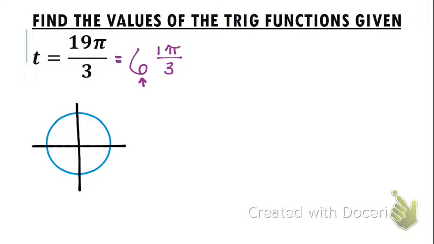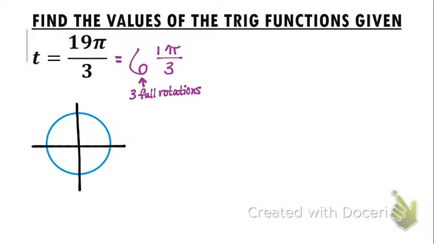Because a full rotation is 2 pi. So if I do 3 full rotations, and then I go to pi/3, that's the exact same thing as 19 pi/3, right? So this is coterminal with pi/3.